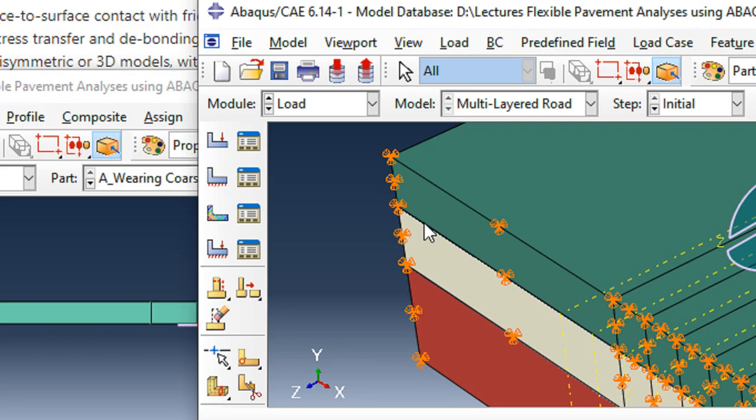The interaction may be in between asphalt concrete and base, between the base and sub-base, and between subgrade and sub-base, and there are various technical terms that are used in transportation engineering. For the underlying soil, when you are considering the contact, it's highly non-linear.